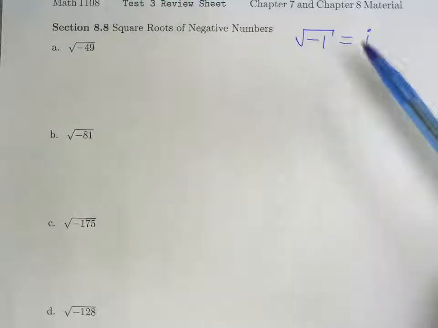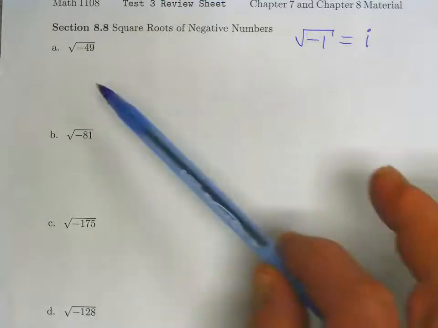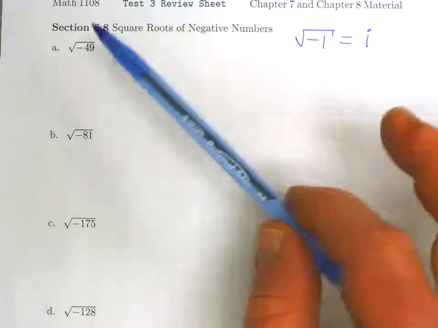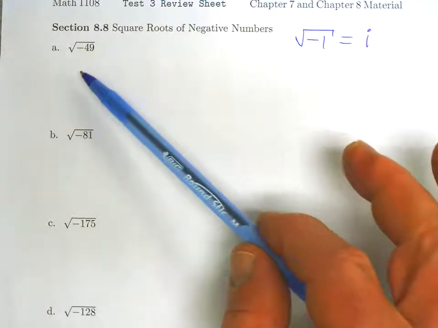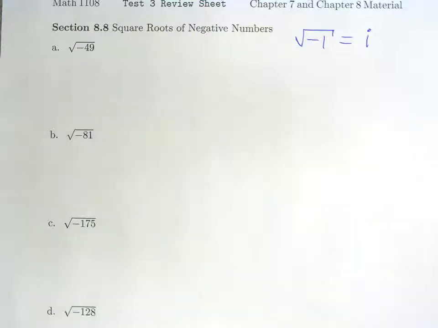So, knowing that definition, i is the square root of negative 1, and knowing how to apply the product property of radicals and how to simplify square roots, then you know how to simplify square roots of negative numbers.